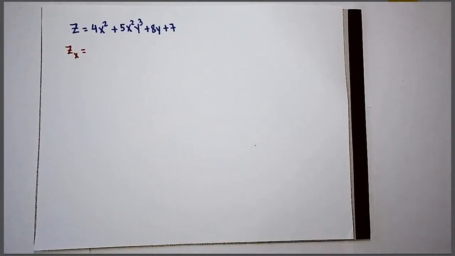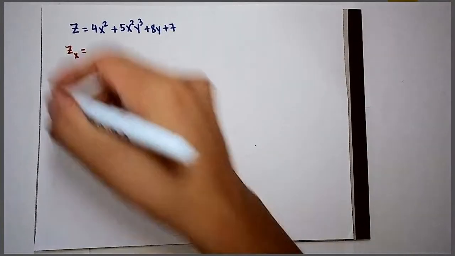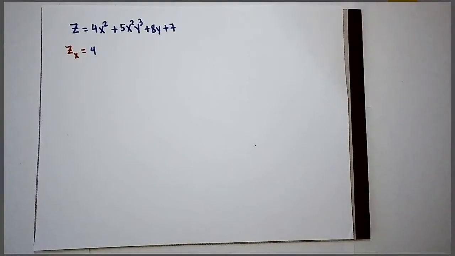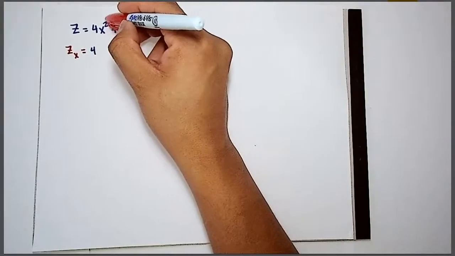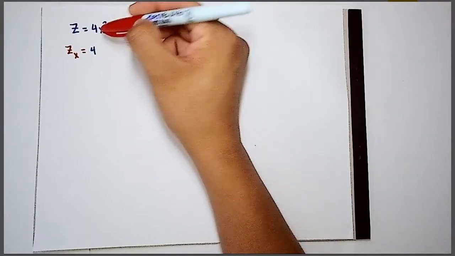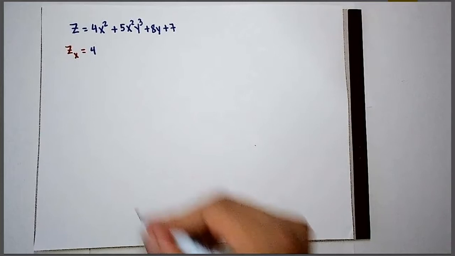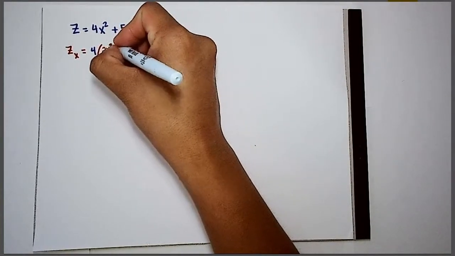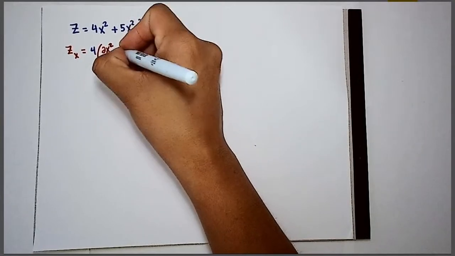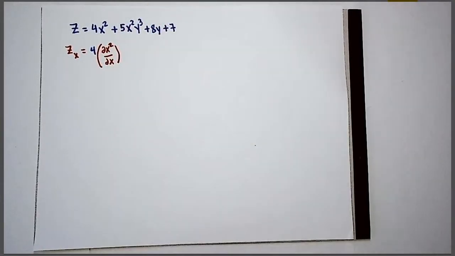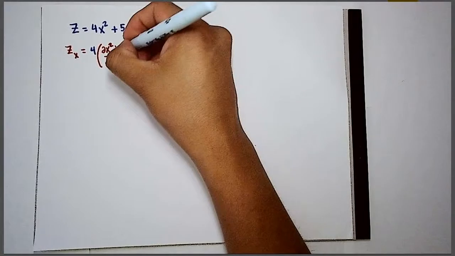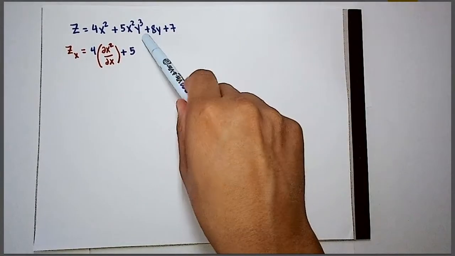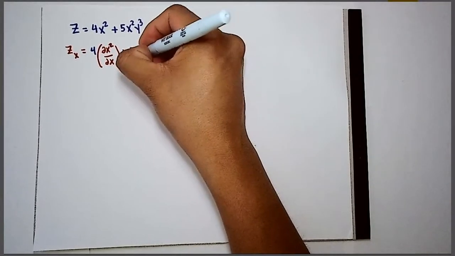Now notice the following. We write the number, which is 4, and then we take the derivative of the variable with respect to x, plus 5. Now notice that y cubic is a constant.